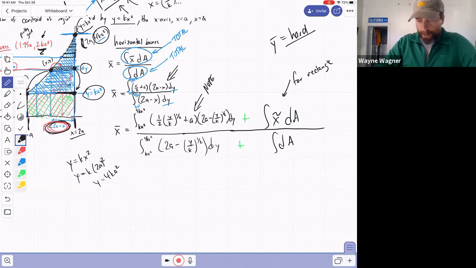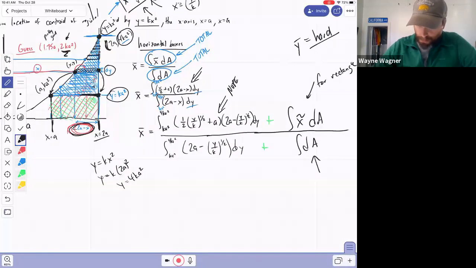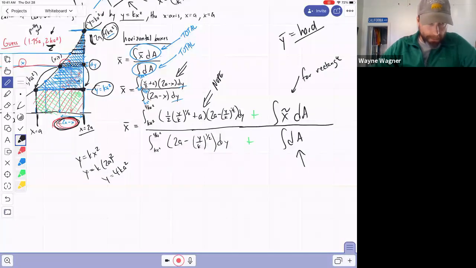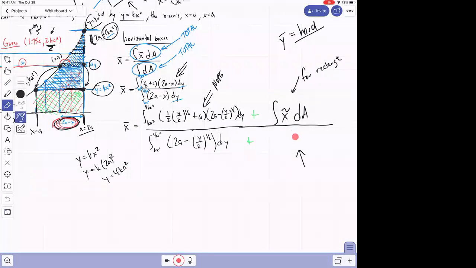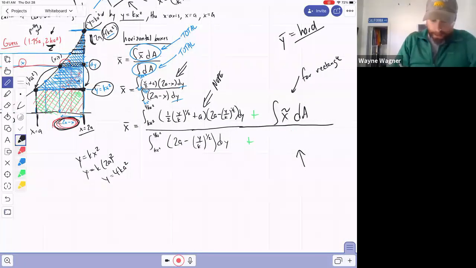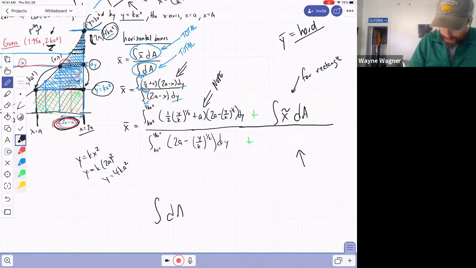However, for the rectangle, what is the integral of dA? If I add up all the little dAs, what do I end up getting? By definition, integral of dA is what?